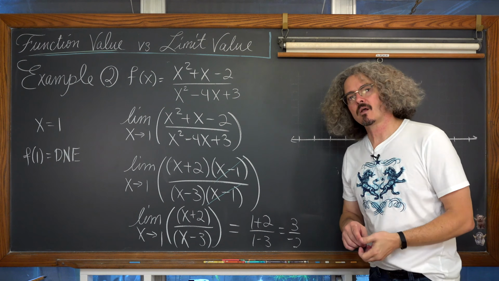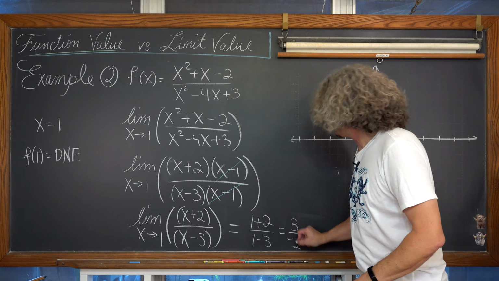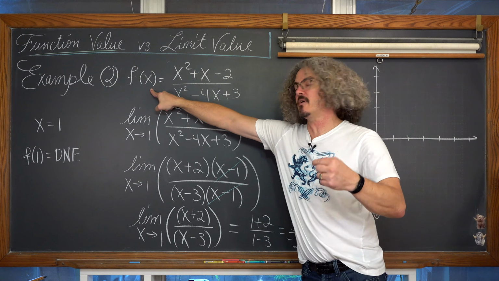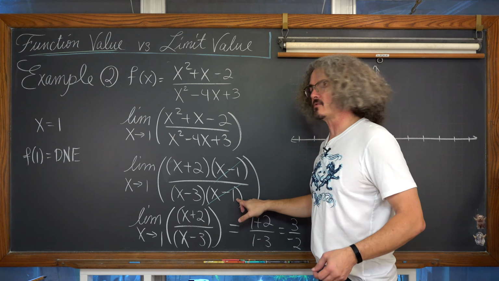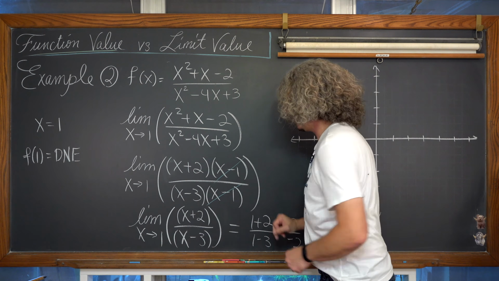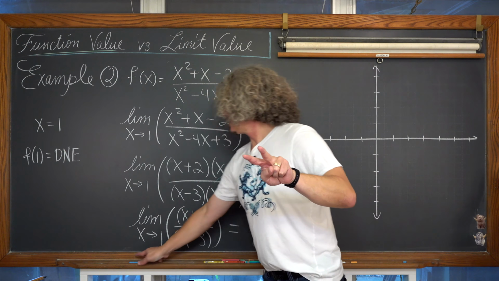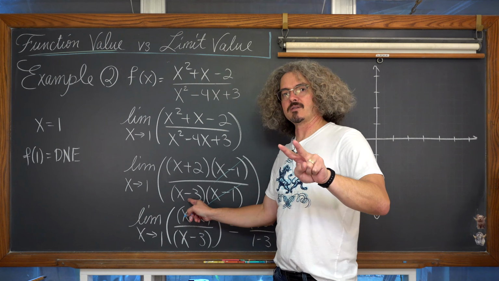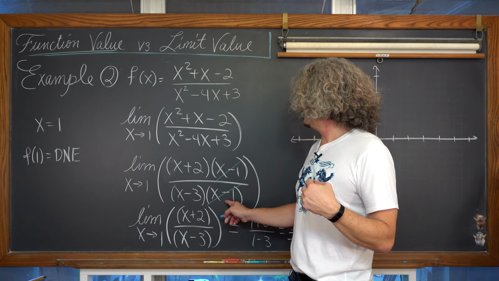Why are we able to say that we have a limit when this function is undefined at x equals 1? By the way, now that we have this function in factored format, yes, we did a little canceling, but our denominator is made up of 2 factors, one of which is equal to 0 when x equals 3, and one of which is equal to 0 when x equals 1.